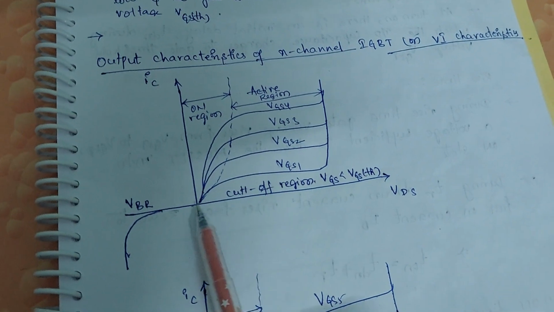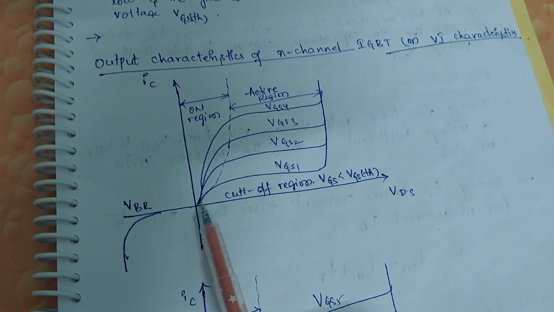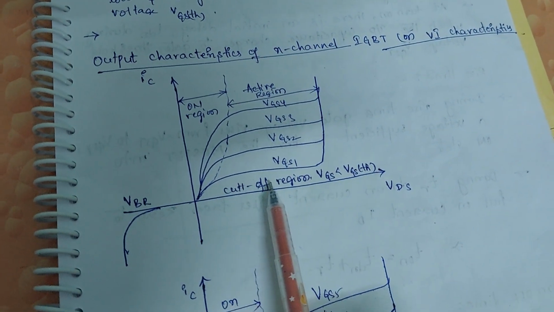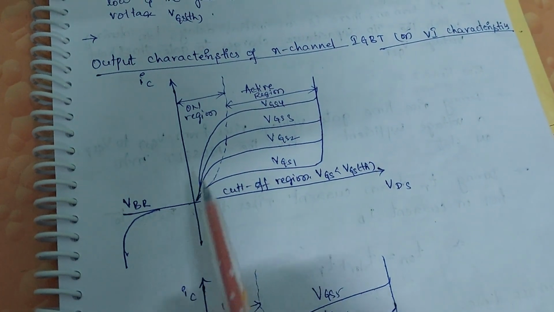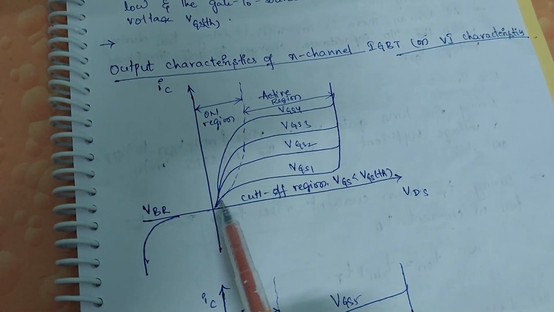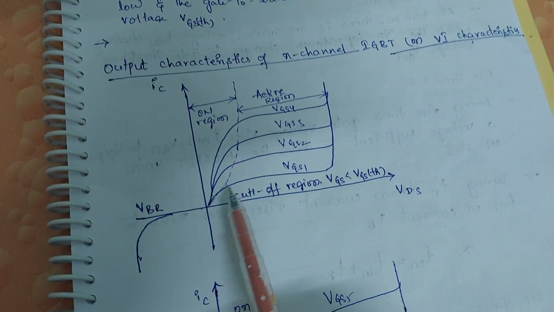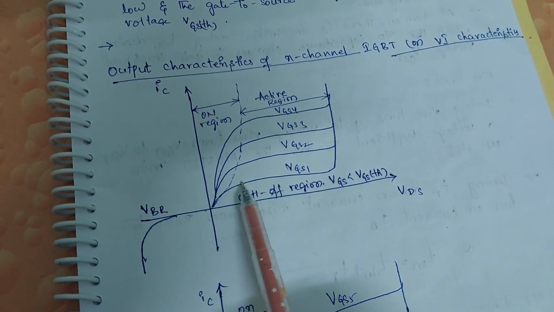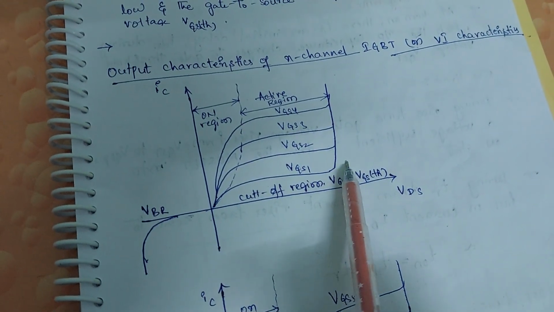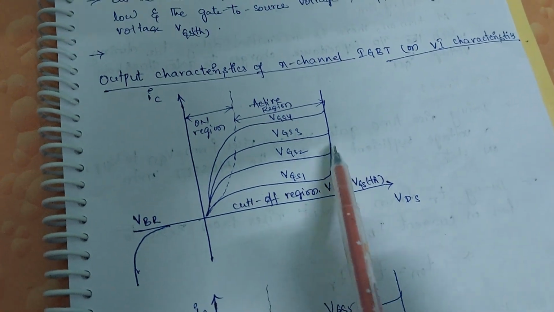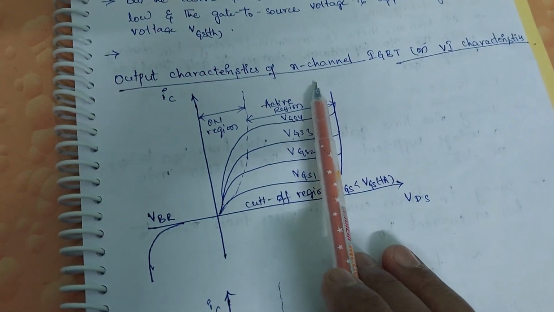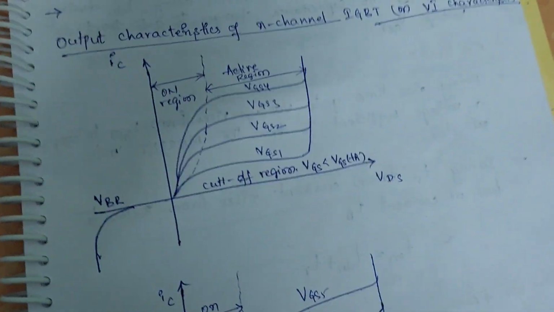As we keep increasing the VDS or the collector current, it increases to some extent, and after the on state region it enters the active region, and here it breaks down. So we have the VI characteristics like this.